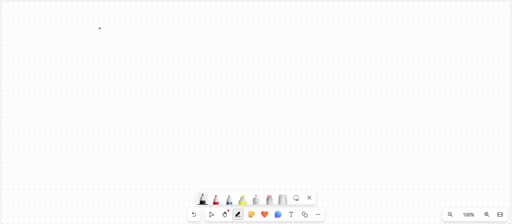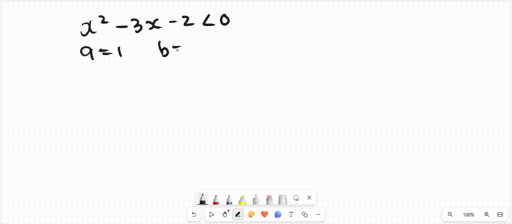And then one last question on this. Let's take one where you can't really factorize it, so you do need to use your quadratic formula. So we have this one. I can already tell there are no factors of negative 2 that would ever give me a negative 3. So I'm seeing that A is 1, B is negative 3, and C is negative 2.